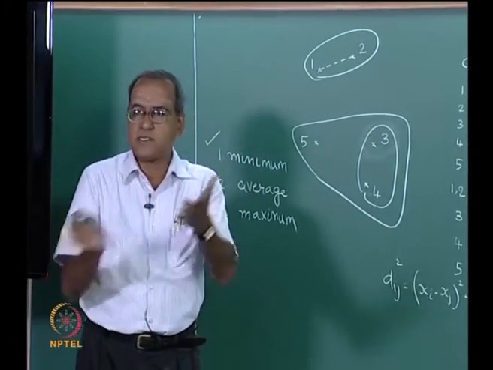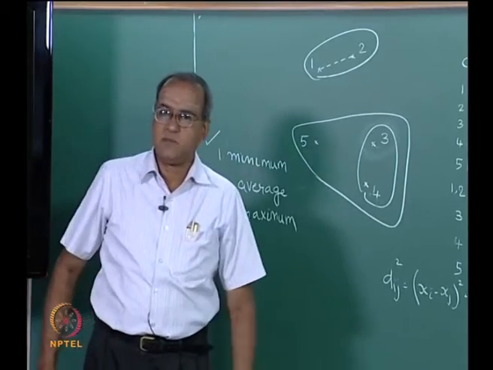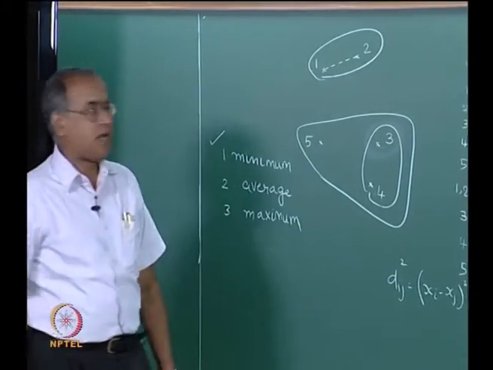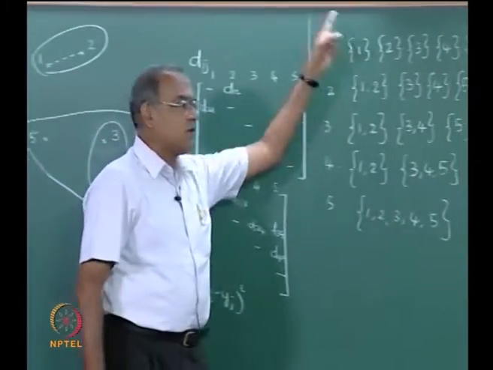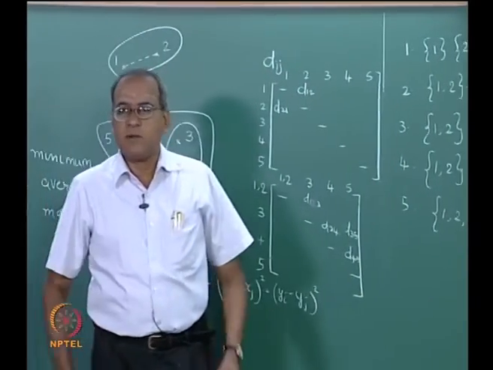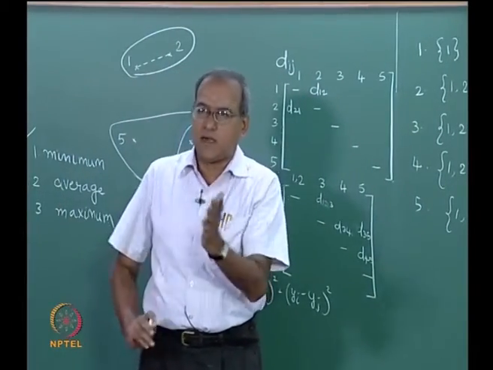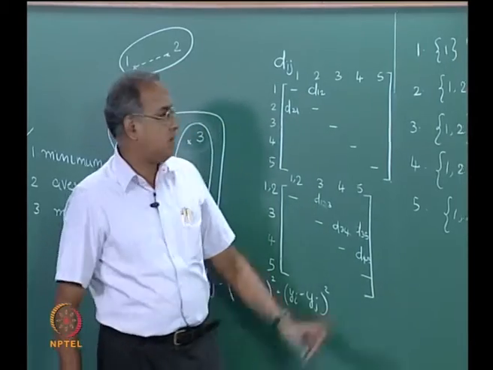So, given a way to calculate the distance and given a way to relate group distance versus individual distance, we are able to provide a set of solutions starting from n groups, if there are n points, to one group.